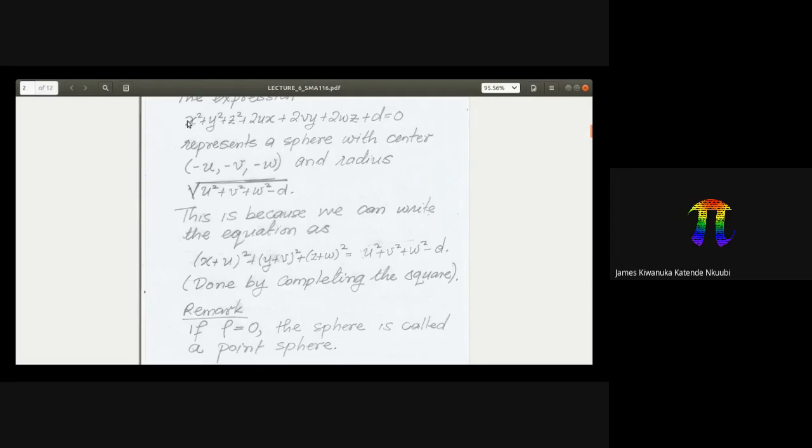So if you compare it with this equation, what is the value of U? I need you to answer. Just look at the equation you have and compare it with this. So the coefficient of X is 2U. Look at the coefficient of X in your equation. That will be 2U, and from there you'll be able to find the value of U.